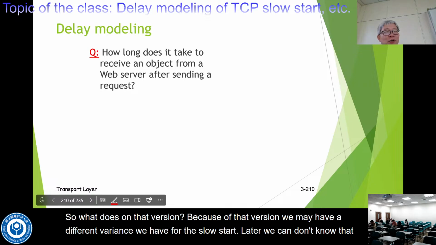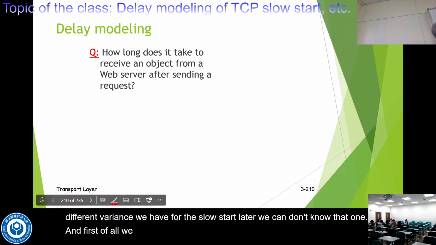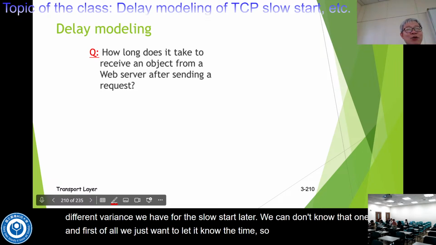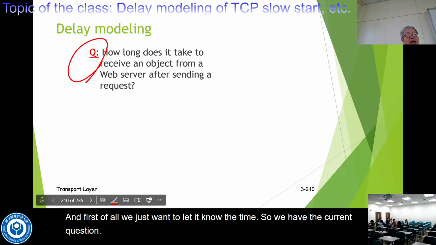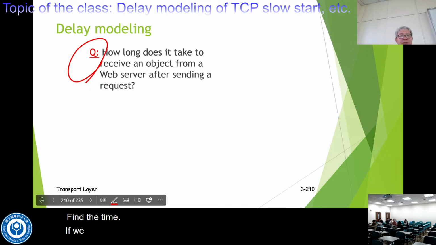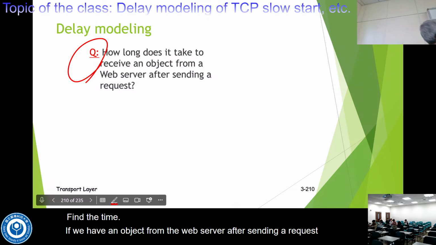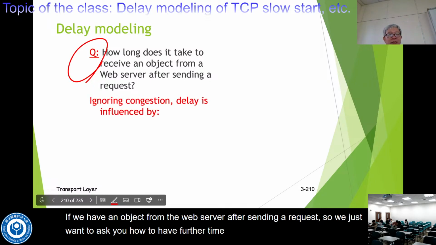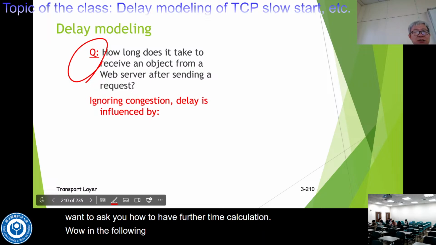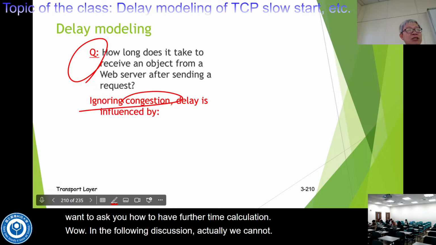First of all, we just want to let you know the time. So we have the current question: find the time if we have an object from the web server after sending a request. So we just want to ask you how to do the time calculation. In the following discussion, we cannot care too much.